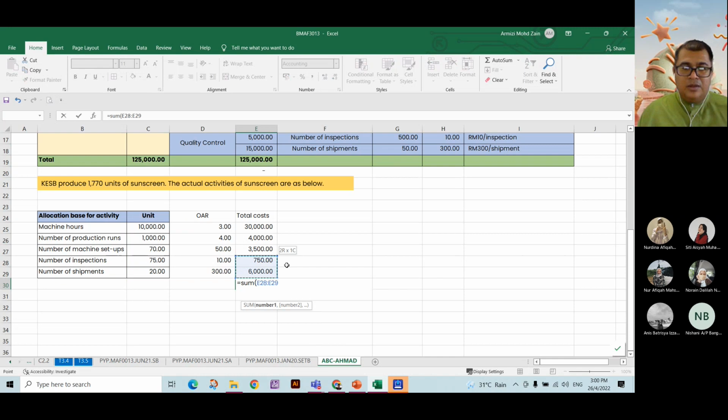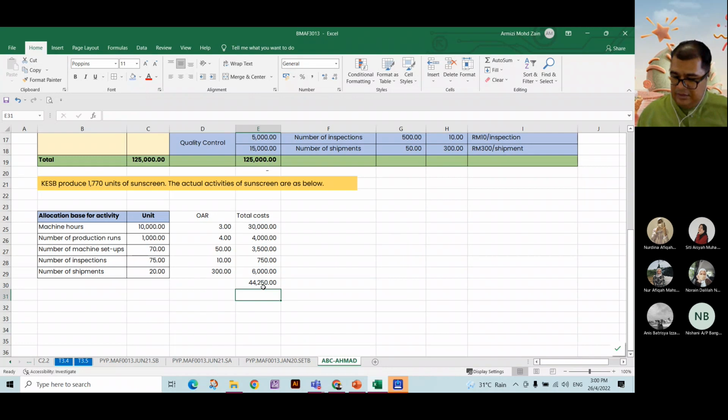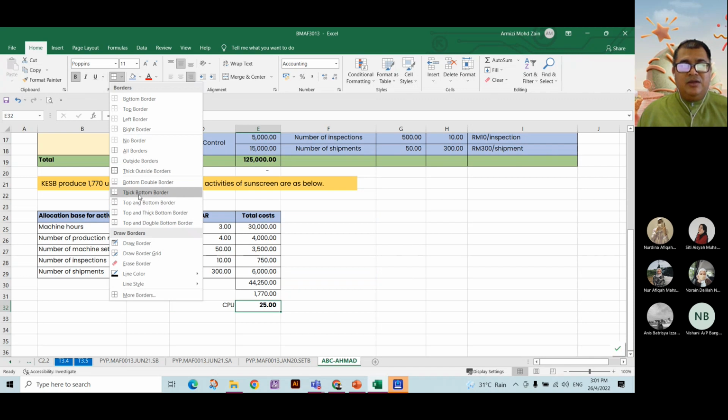Okay, so you get 44,250. For what quantity? 1770. So what is the cost per unit? Divide. This is the allocation base, this is the total, and this is the cost per unit, CPU.